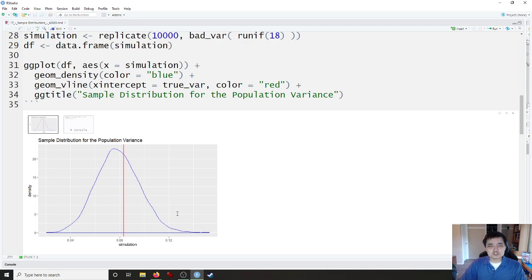Long story short, the true answer for the situation was supposed to be 1/12, which is represented by this red vertical line. However, there's a bit of a shift. The blue hill, that curve, does not seem to line up completely well with the red vertical line.